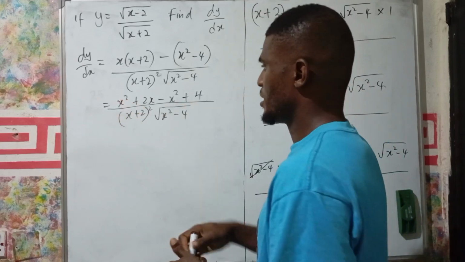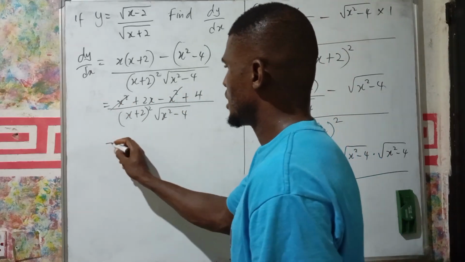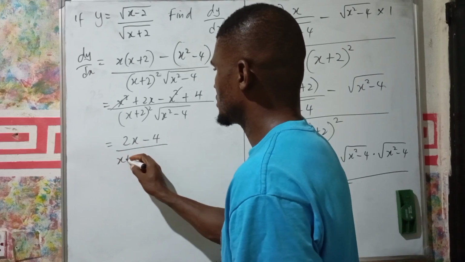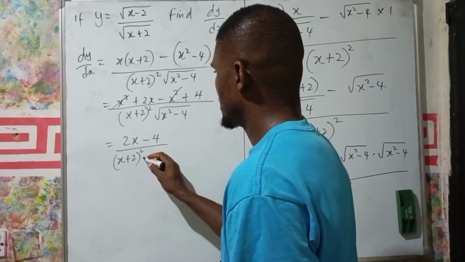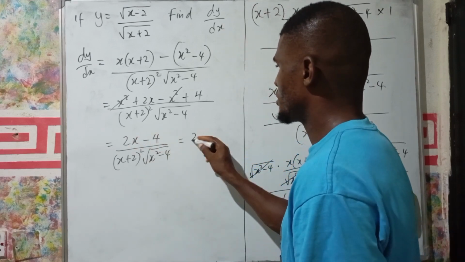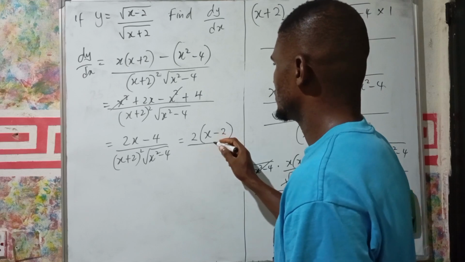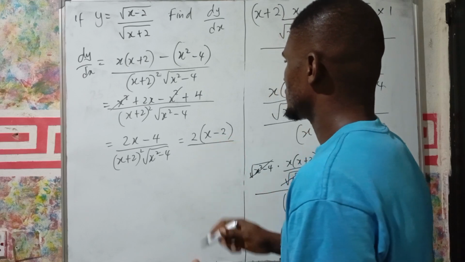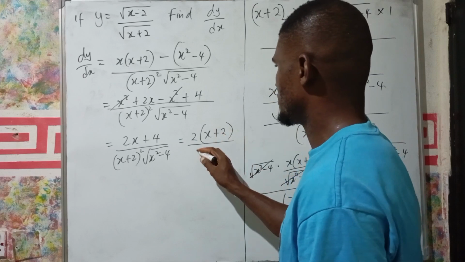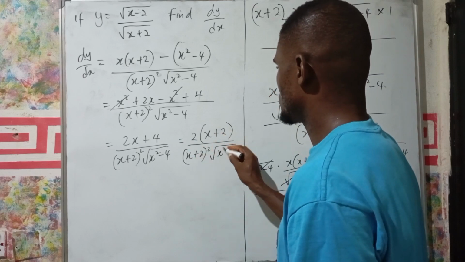Now we have positive x squared and a negative x squared, so they cancel out, and we are left with 2x minus 4 over x plus 2 all squared, root of x squared minus 4. Alright, now 2 is common here, we bring it out, and we have x minus 2 over, sorry, x plus 2, we have a plus sign here, sorry. So we have plus, and then here we have x plus 2 all squared, root of x squared minus 4.